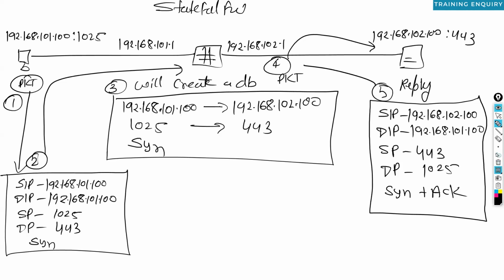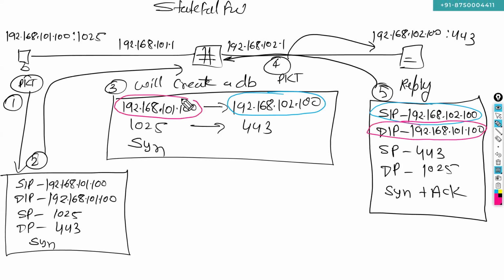So this packet will come to the firewall. When the packet arrives at the firewall, the firewall will check: okay, who is coming? 102.100. Yes, we have it in our database. Where is it going? It is going to 101.100. Yes, matching our database. Layer 3 information matches.